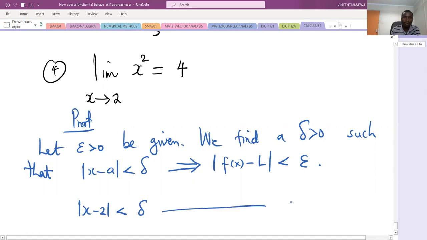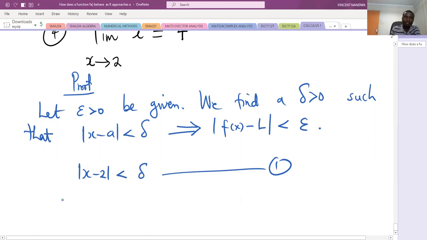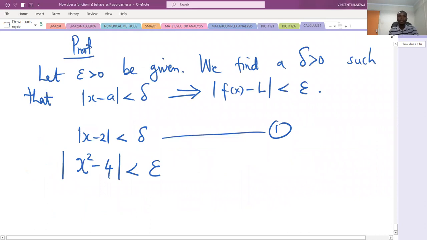Call it equation 1. And then here we have absolute value of f of x, which is x squared minus L, which is 4, less than epsilon. We discover that this is a difference of two squares.